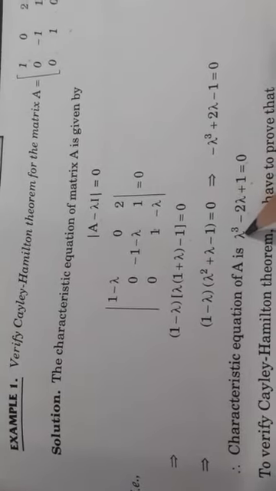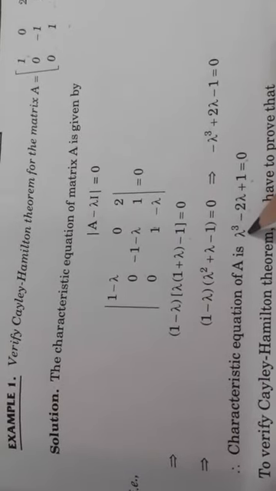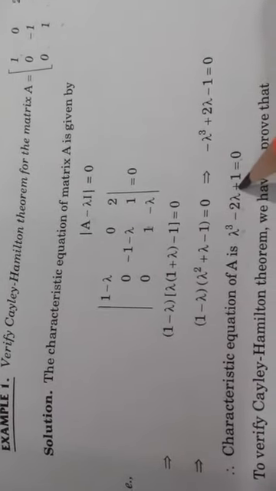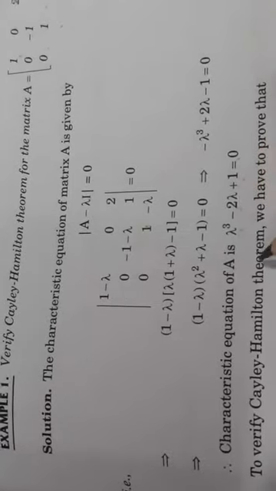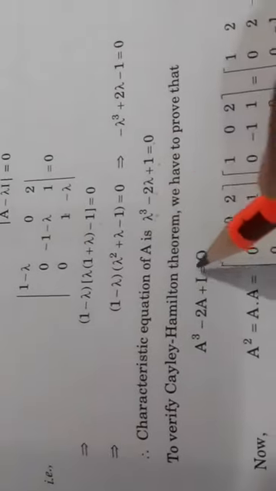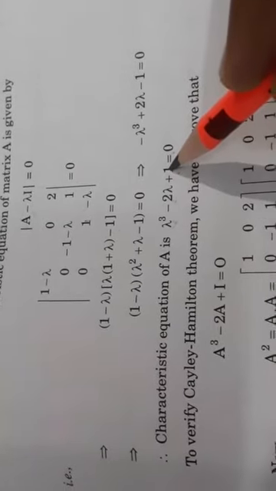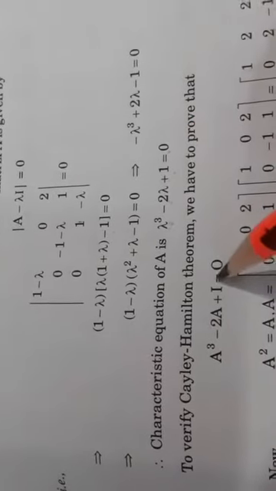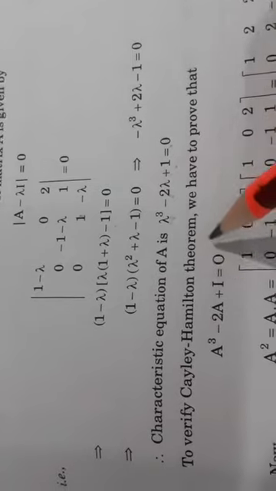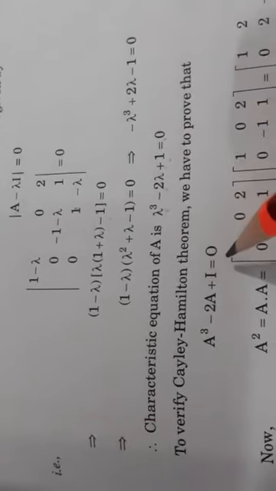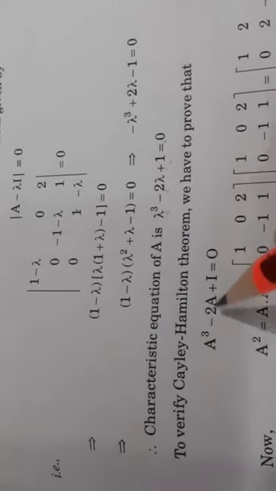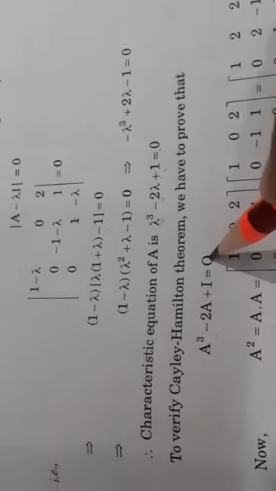If we replace lambda by A, then A will satisfy this equation. We have to show that A cube minus 2A plus I, the identity matrix, is equal to the 0 matrix.